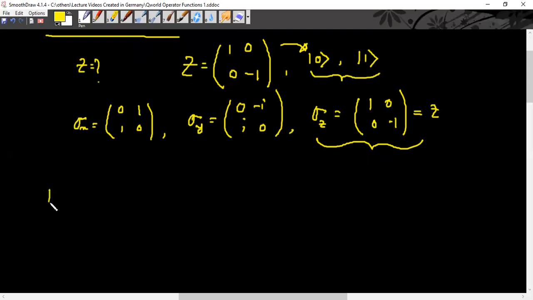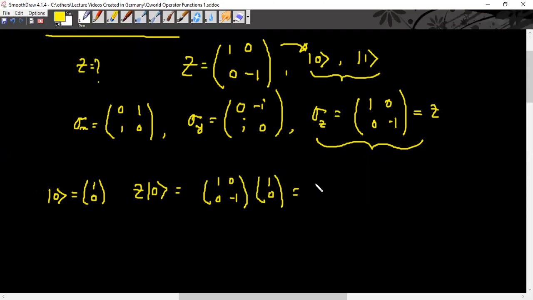So if we write this ket 0 as 1, 0, and then apply this Z on ket 0, what do we get? We get 1 times 1, 0, right?